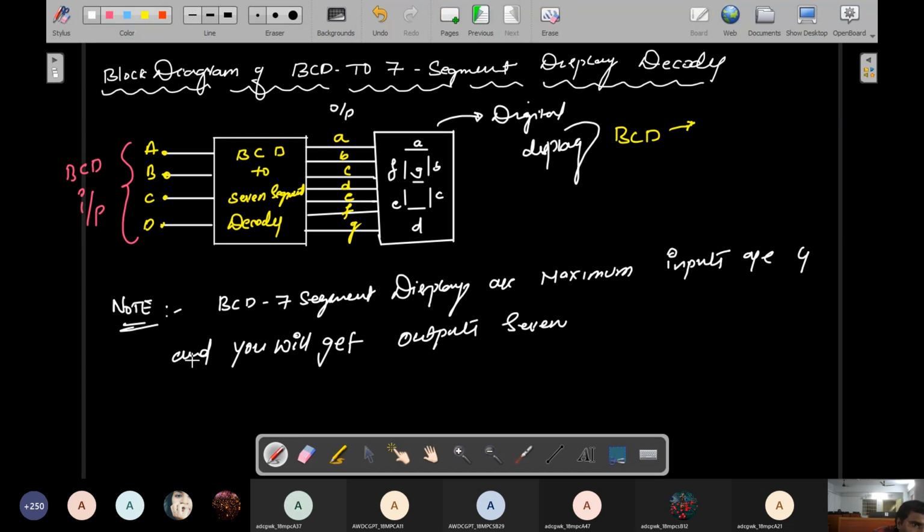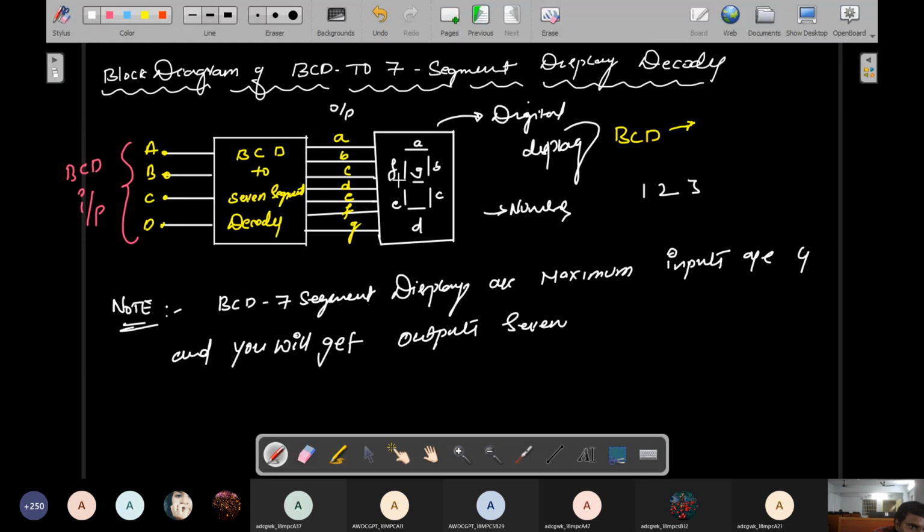So every time the BCD inputs are selecting a number, consider the display as a number. Suppose you want the number one, then only B and C will be activated, and the remaining deactivated. If you want 2, then A, B, G, E, D will be activated, and the remaining are switched off.